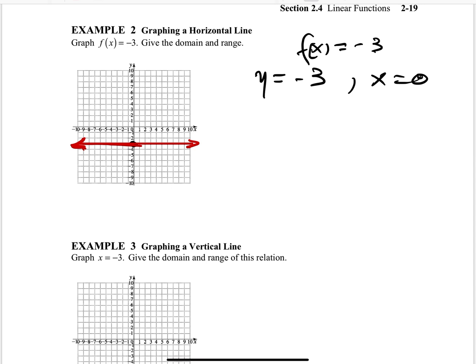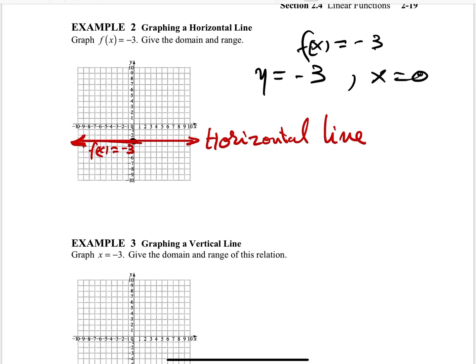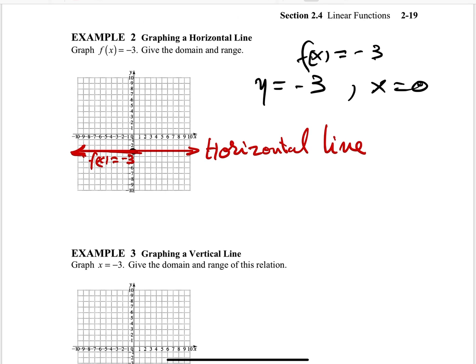So this one is called the horizontal line, and this one is just f(x) is equal to negative 3.